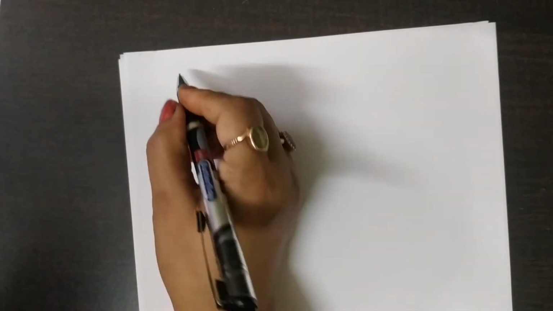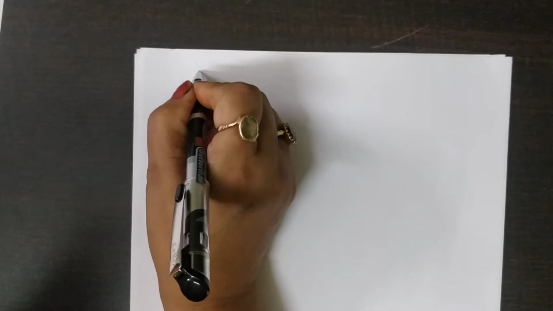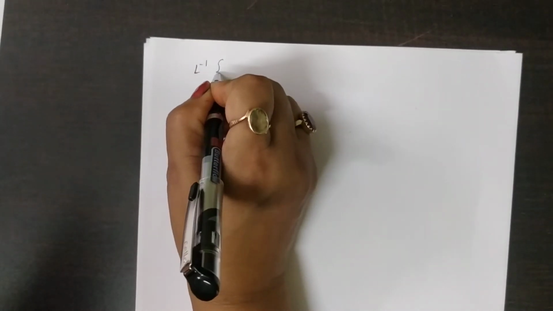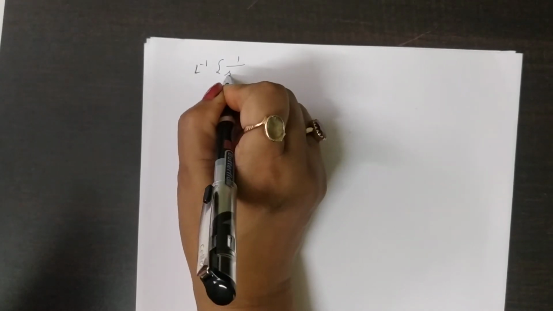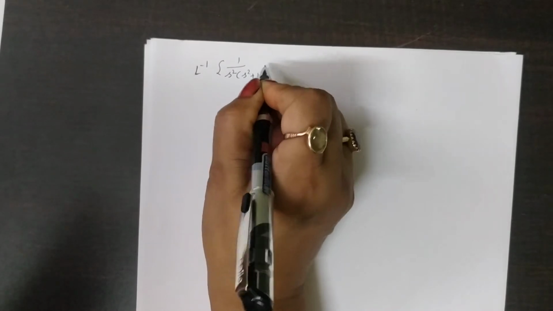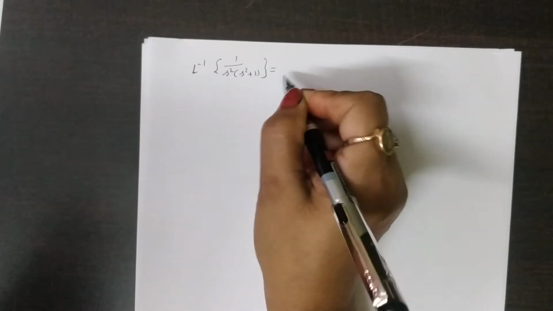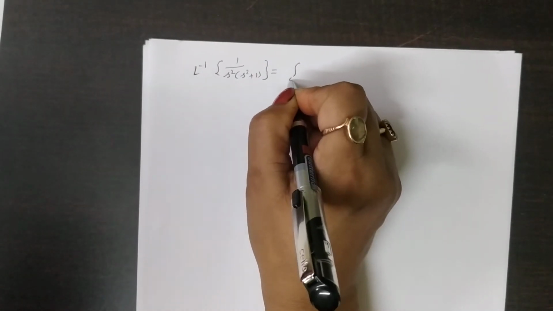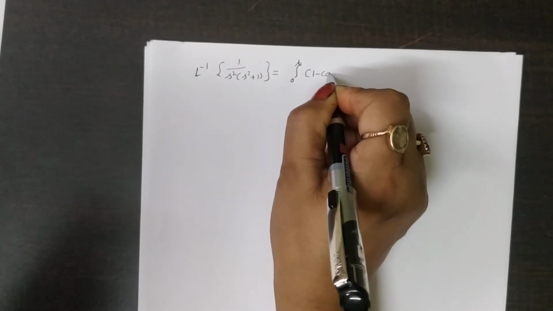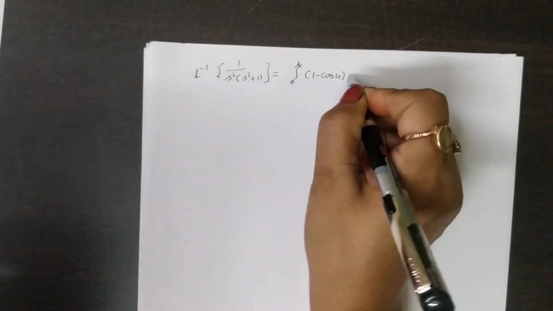Yes, clear? Now Laplace inverse of 1/(s²(s² + 1)) becomes, operating again, the integral from 0 to t of (1 minus cos u) du.